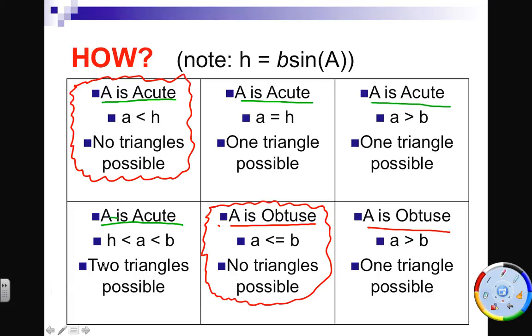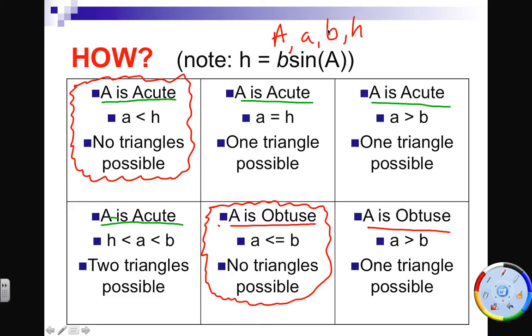Your 4 variations for A is acute and 2 variations for A is obtuse. I'm not going to be giving you a handout on this, so you're going to need to be able to write this down and be able to use these from your notes. And notice it all has to do with given an angle, given the side opposite, and one of the other sides. So basically you're given angle A, little b, and h, or you're finding h.